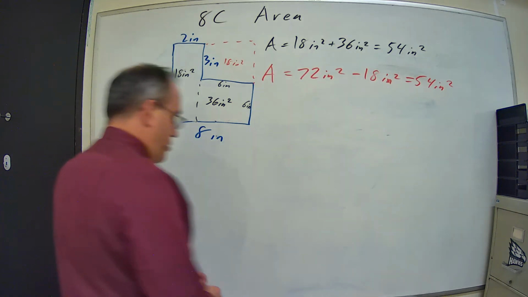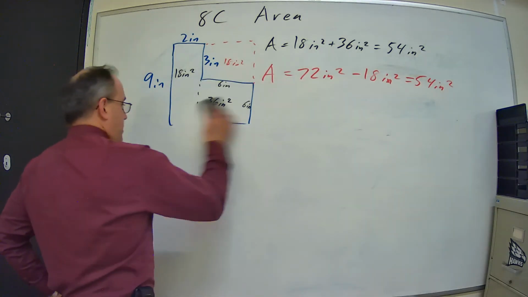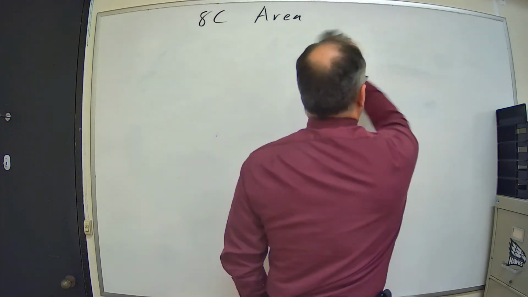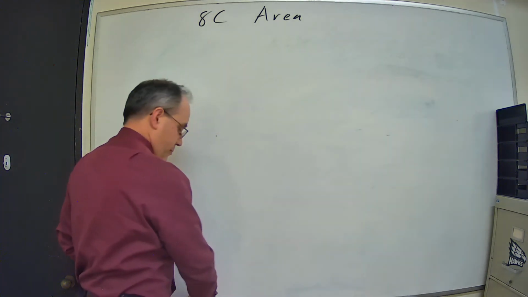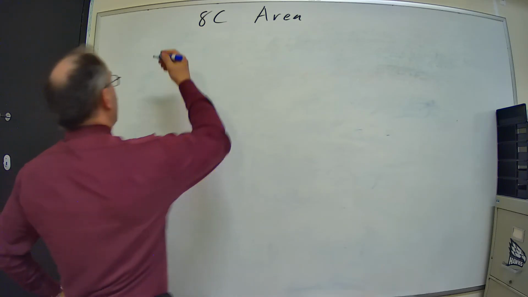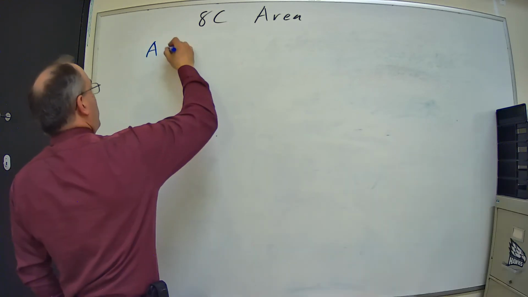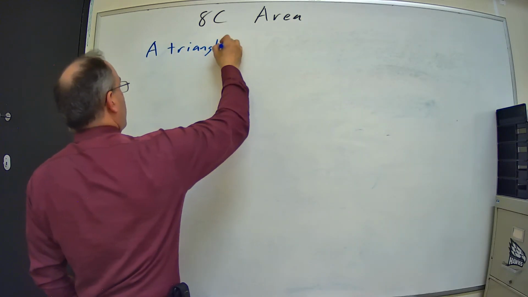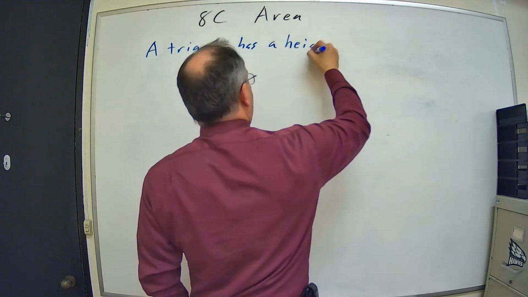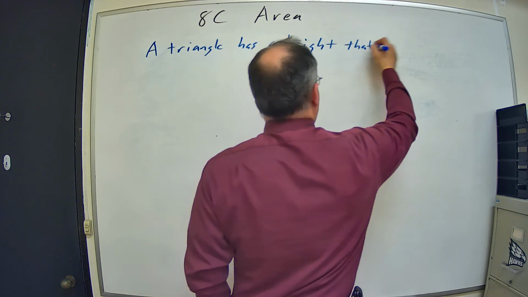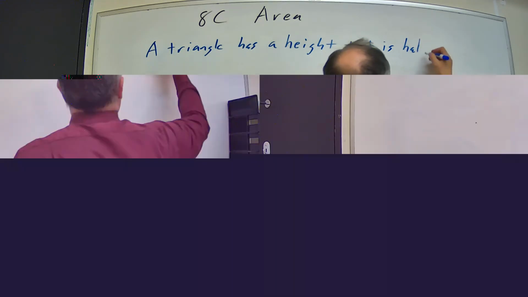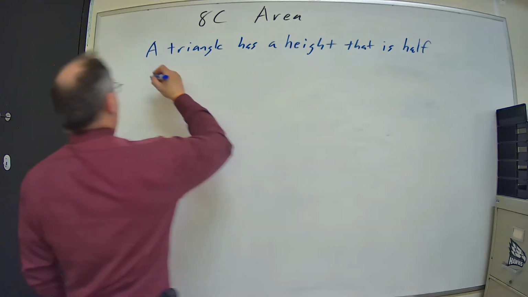So last thing we want to do here is deal with those algebraic equations again. A triangle has a height that is half the length of the base.